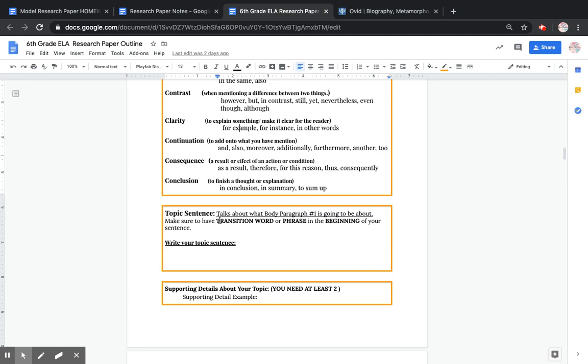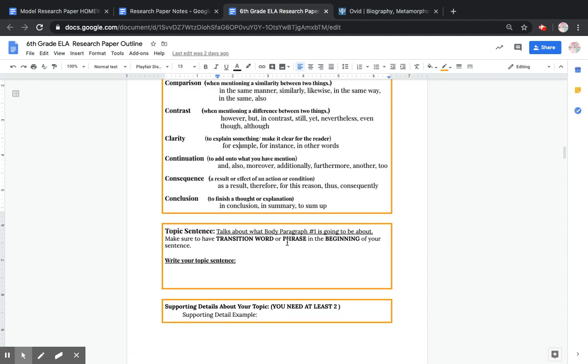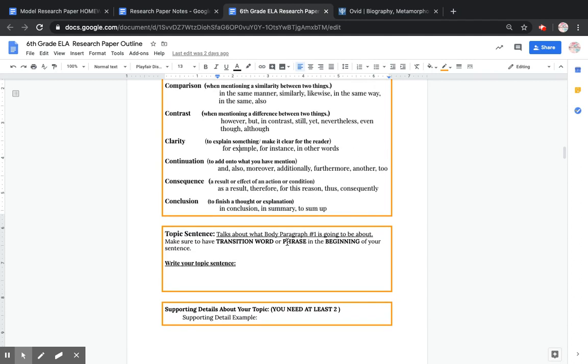My topic sentence talks about what the body paragraph is going to be about. Make sure I have a transition word or phrase at the beginning of my sentence. Okay, so let's see which one I should use. So I have "Additionally," from another two.